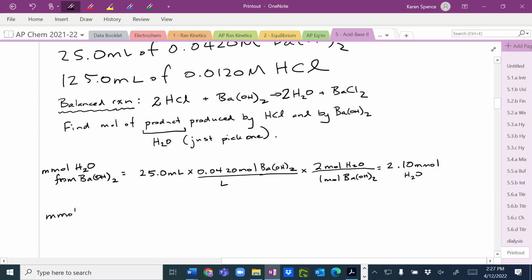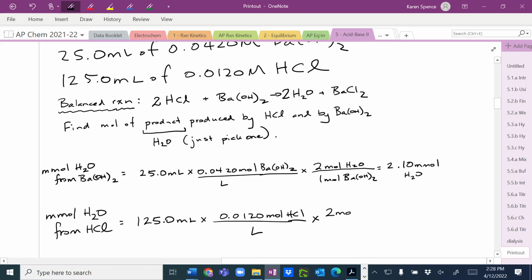Millimoles of water from HCl. And for HCl, we have 125 milliliters times 0.0120 moles of HCl per liter times 2 moles of H2O for every 2 moles of HCl.